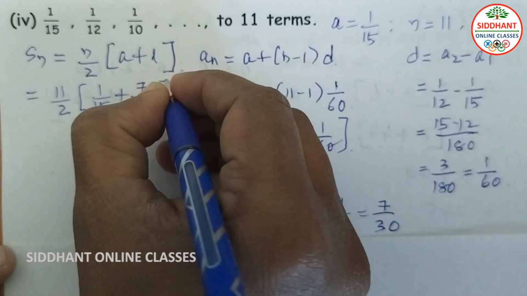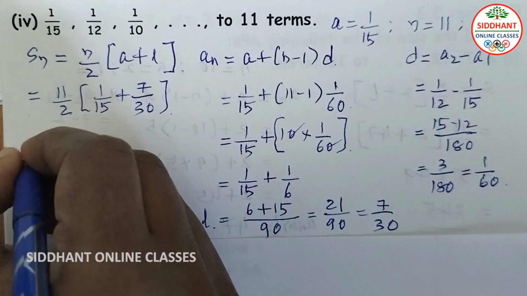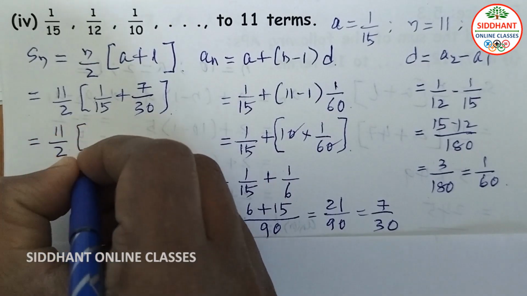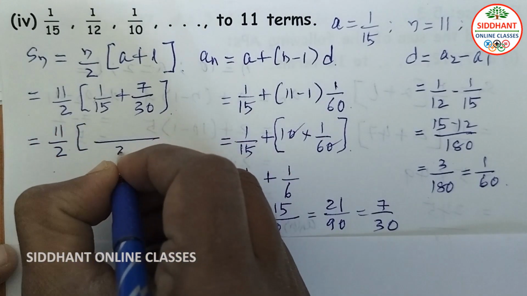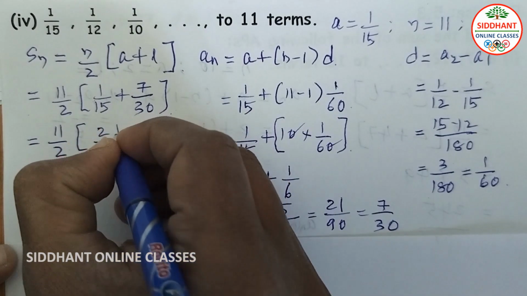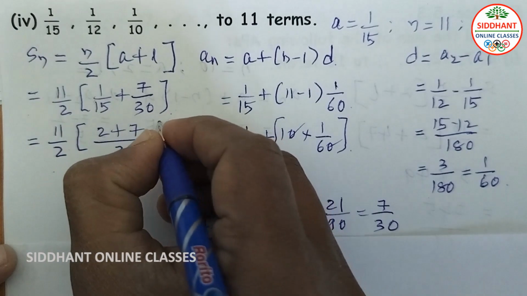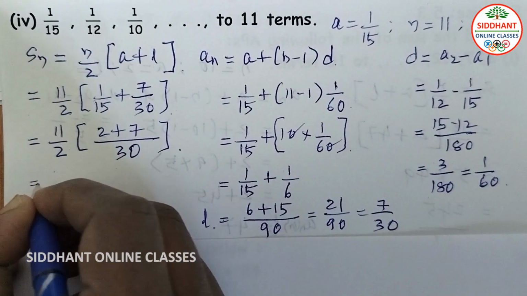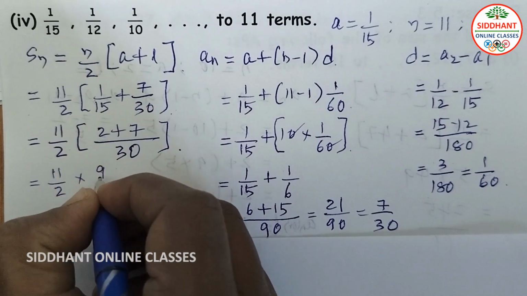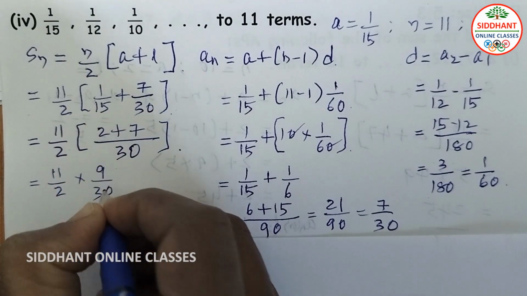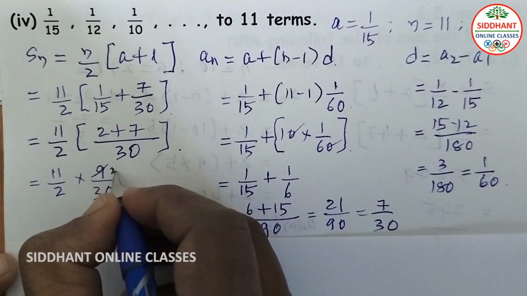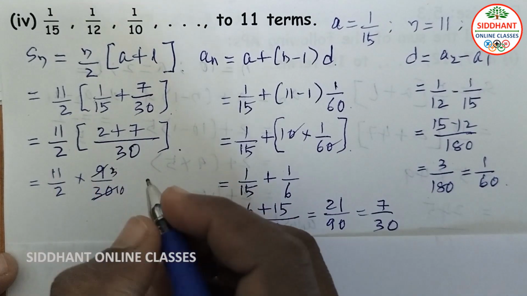Now to simplify, taking LCM 30, 15 into 2 is 2 here, plus 7, so 11 by 2 into 9 by 30. When you simplify this, it becomes 3 by 10.